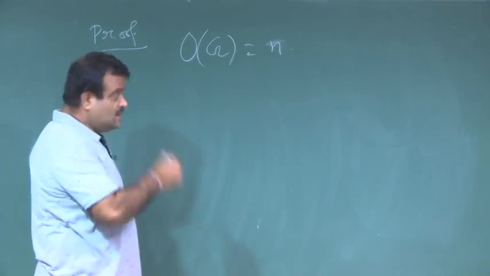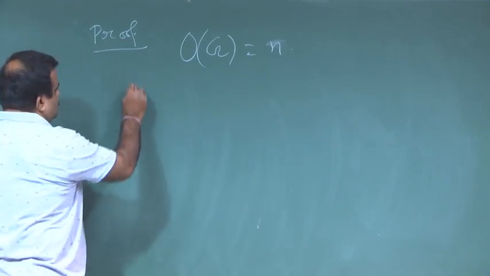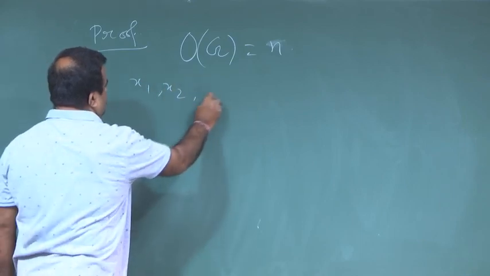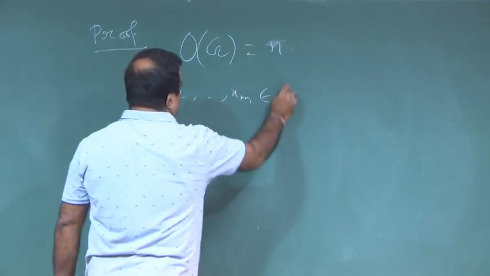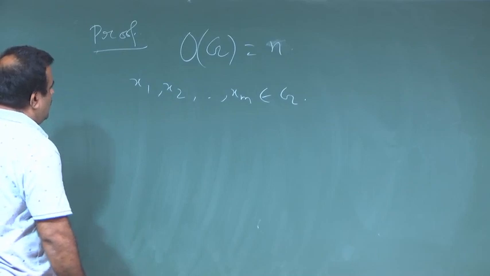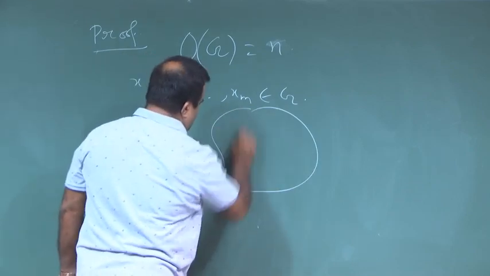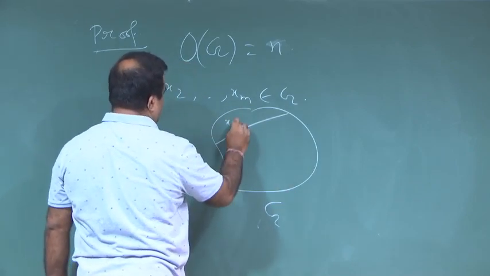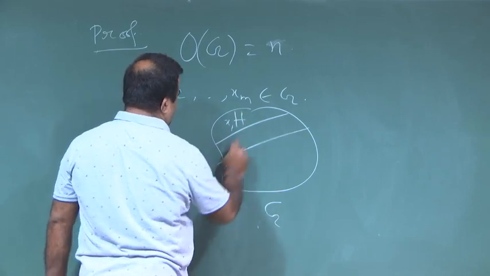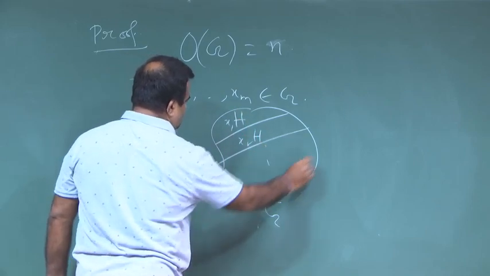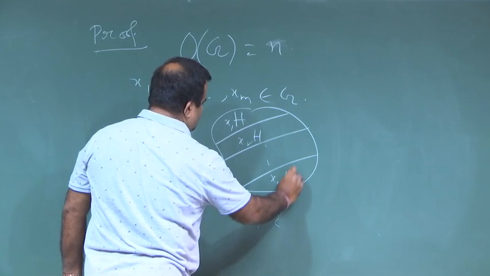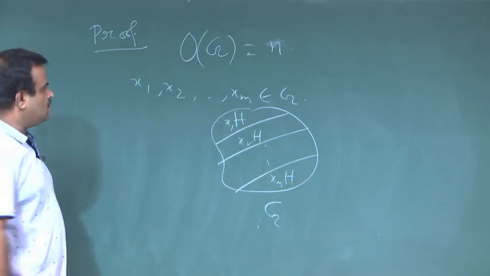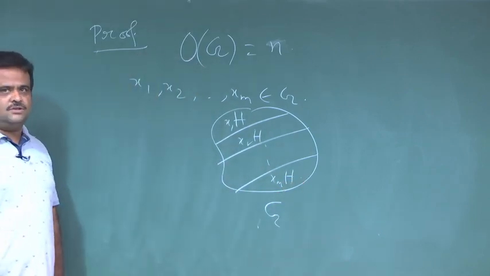So, suppose there are m cosets. So, there are elements from this group such that G is x1H, x2H, like this, up to xmH, because we know these cosets will form a partition on this G.